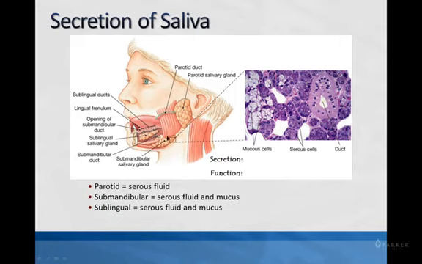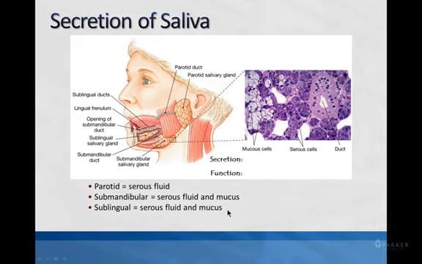The parotid gland is primarily involved in secretion of a very serous fluid, from the serous cells. It is a little bit more watery than the secretions from the mucus cells. The mucus cells are a little bit thicker, more viscous. The submandibular and the sublingual glands have a mixture of serous fluid and mucus.